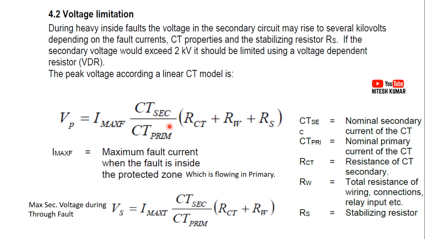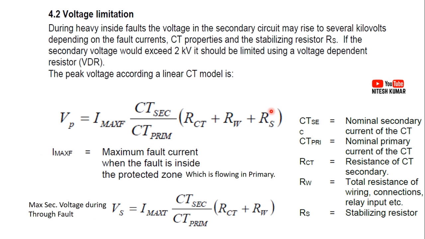That means your ratio, like 2000 to 1 ampere, then here it will be 2000 and 1 ampere. And RCT, the resistance of the secondary winding of the CT, the resistance of the wire connected from the CT secondary up to the relay, and the value of the stabilizing resistor.